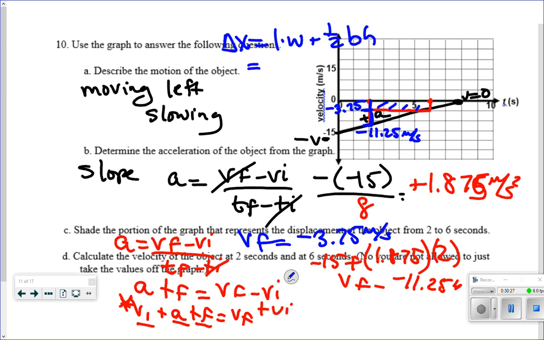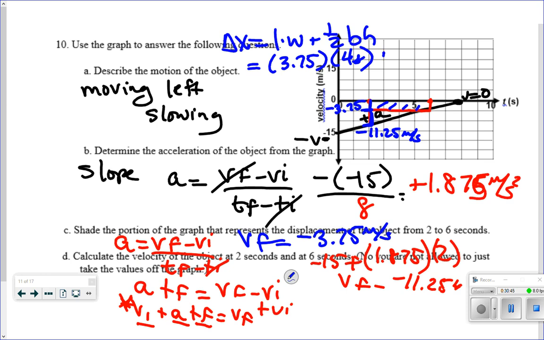Alrighty, so length times width. That's going to actually be my width. I probably should have written that first, all right, but this is occurring over 4 seconds, right? We're going from 2 to 6 seconds, so that's a change of 4 seconds.